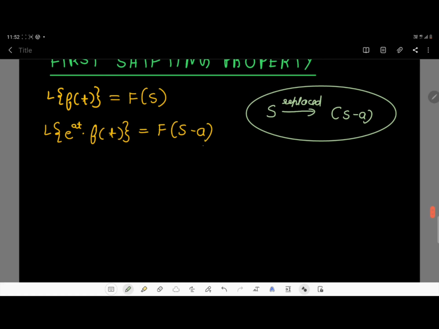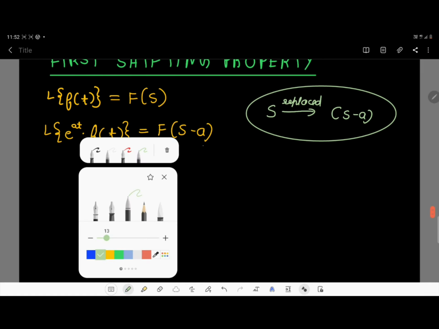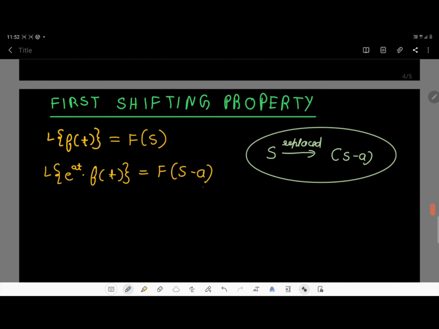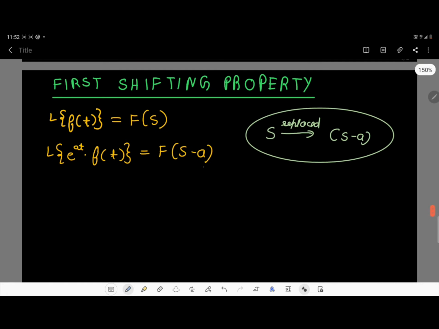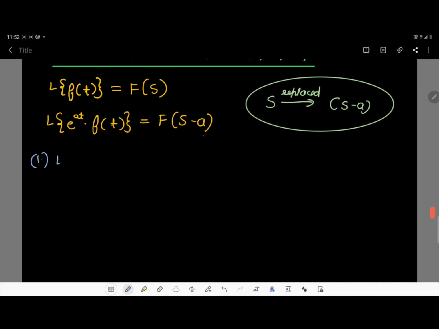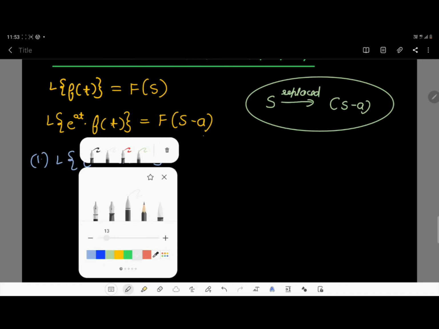So now I will tell you one question, not one, three or four questions, and this will become crystal clear in your mind. So the first question: we have the Laplace transform of e raised to power 2t into sine 3t, right? So what to do?